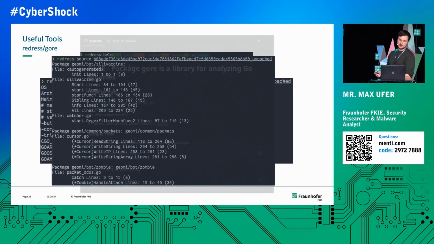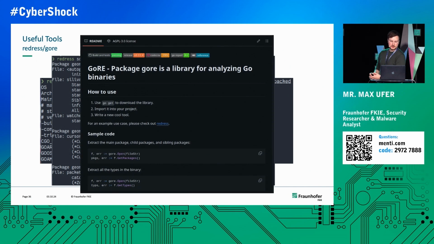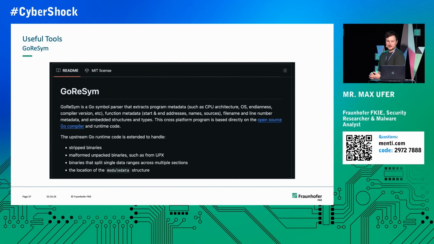It is built on a library called GoRE, for Go reverse engineering. It's a nice, small Go library if you want to write your own tools, which provides some nice functionality for parsing the pclntab structure. Another thing which does the same but more is GoReSym.